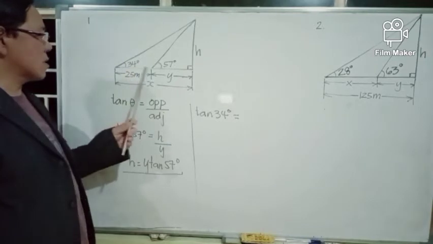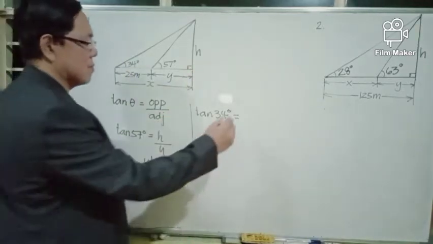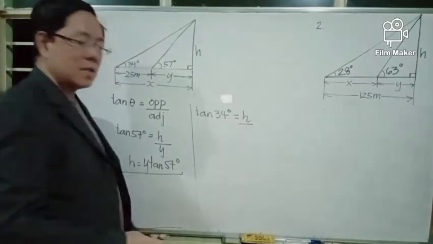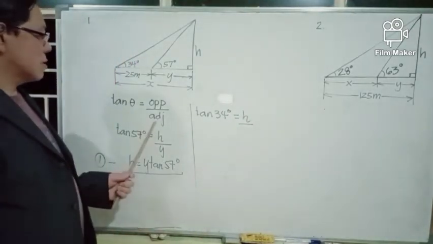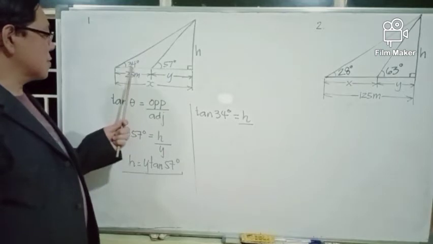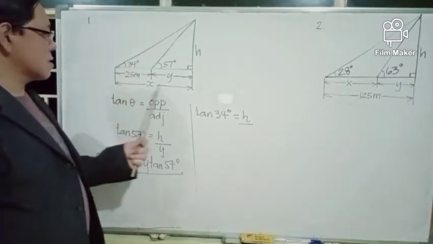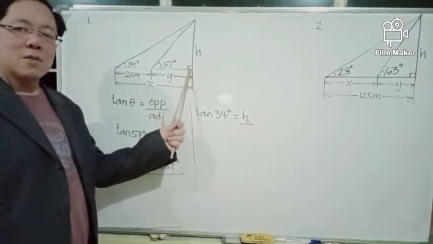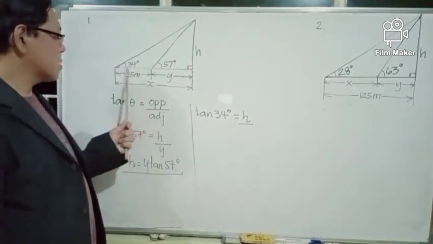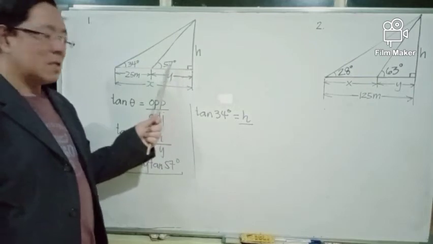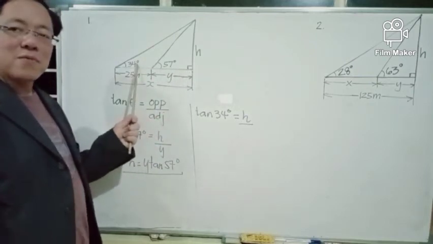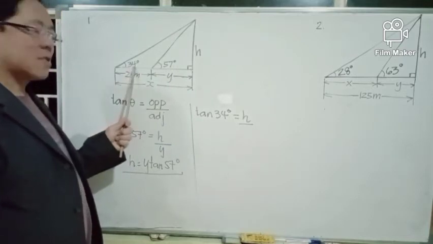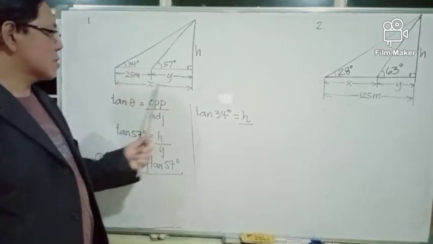The side opposite 34 is h, divided by the side adjacent to 34 degrees, which is x. This is the adjacent side, the side of the right triangle that makes the acute angle 34 degrees with the hypotenuse. So the side adjacent to 34 is x.